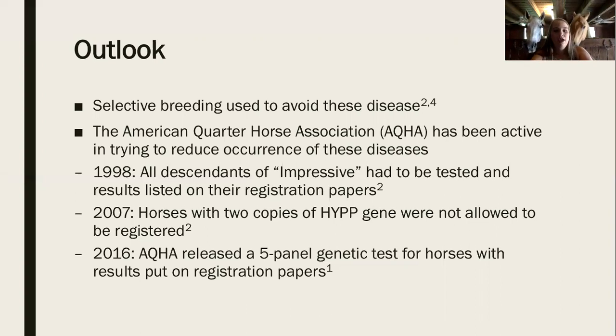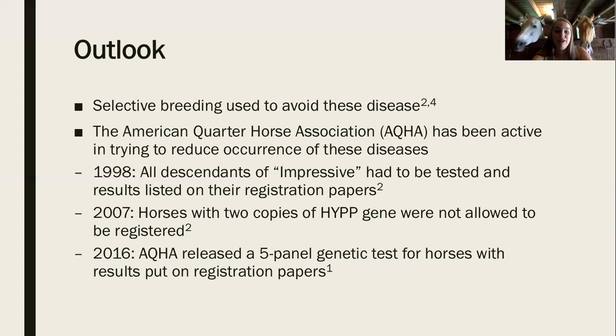The AQHA, the American Quarter Horse Association, has been active in trying to reduce the prevalence of these diseases. In 1998, when they started to link all this HYPP business back to Impressive, they had all his descendants tested, and they had the results put on the registration papers, so you knew that when you bought or bred a horse, it may have been or would be affected by HYPP.